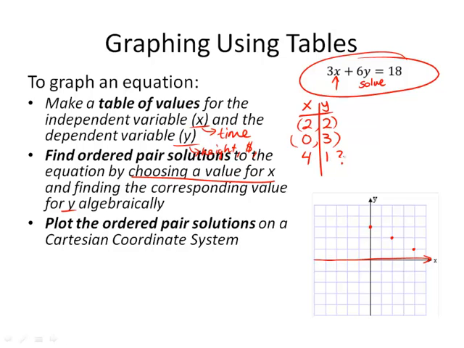Will that work? Well, 3 times 4 gives us 12, plus 6 gives us 18. It sure does. So these 3 points are probably the best representations here. However, you could combine all of those and make a line. Now, every single point on this line should satisfy this equation.